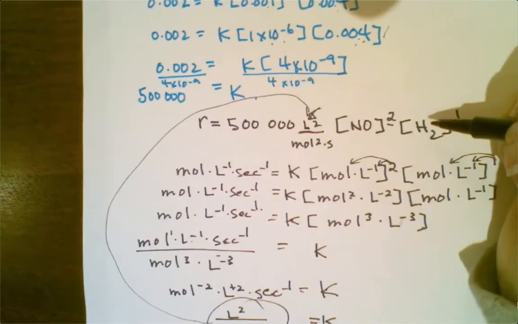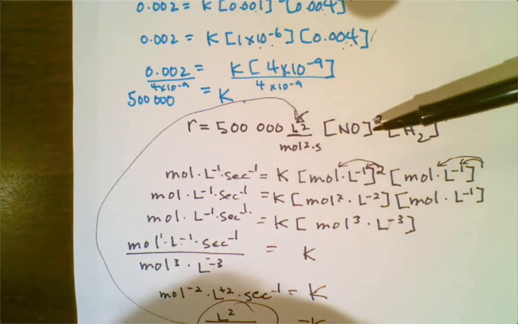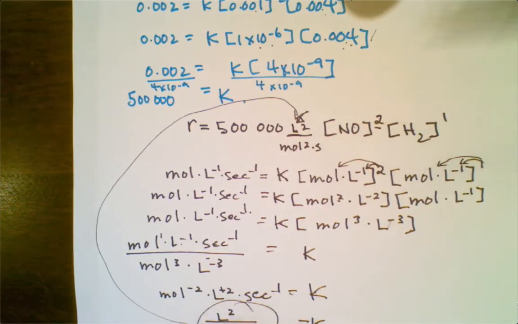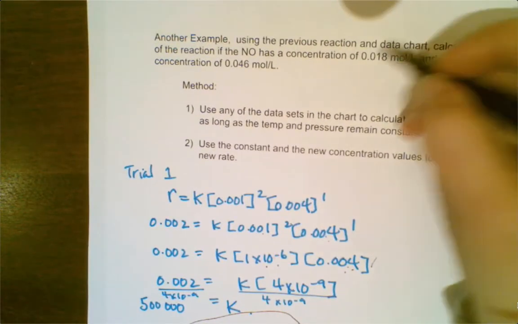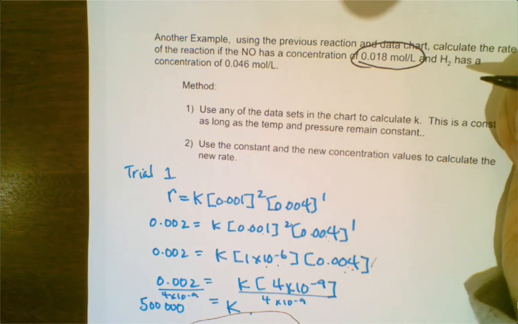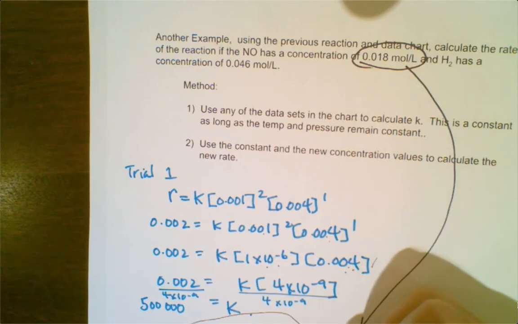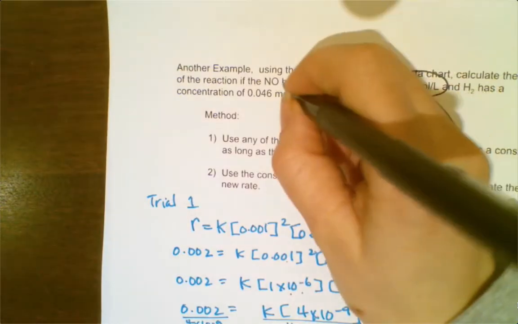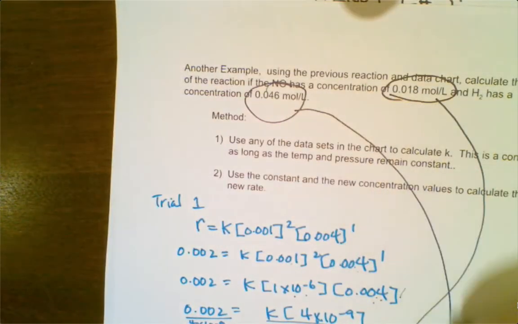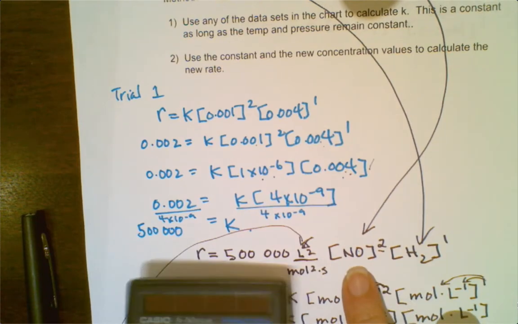So now what can happen is we can actually mathematically determine what the rate of this reaction would be if I was to throw in any sort of concentration. So if I go back here, it asks me to figure out if I had a concentration of 0.018 moles per liter for NO, and I put that into my rate law constant. And if I have 0.046 as the concentration for my H2, I'm going to substitute those values in.